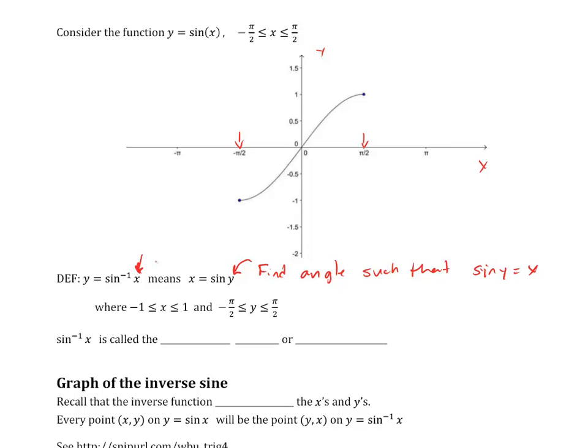That means that the set of values that I can get an inverse for are these values here, namely x can go from negative 1 to positive 1, and then the possible angles, the output of the sine inverse function, is going to be negative pi over 2 to positive pi over 2. This sine to the negative 1 of x is called the inverse sine, sometimes called also the arcsine, A-R-C-S-I-N-E.